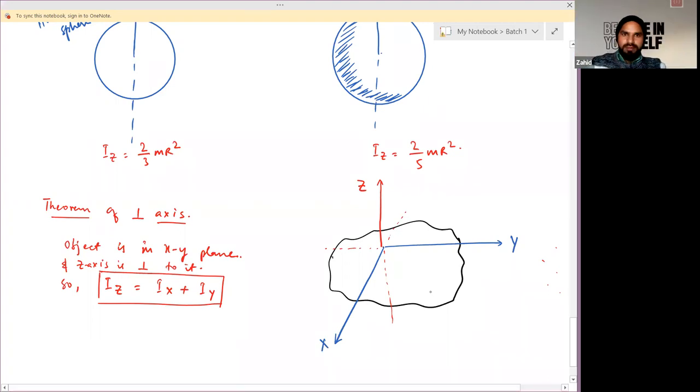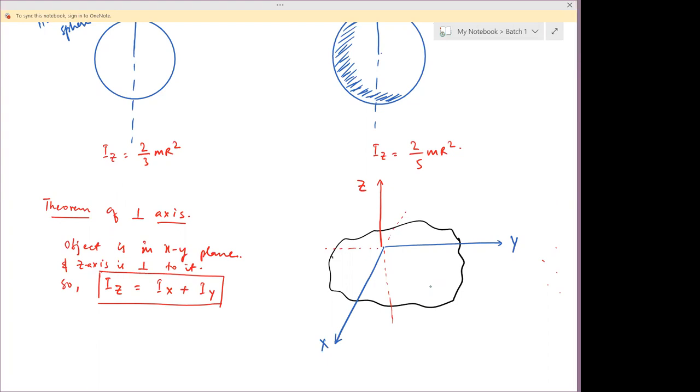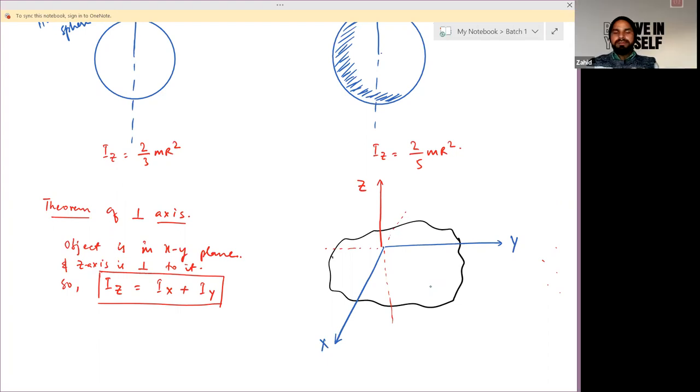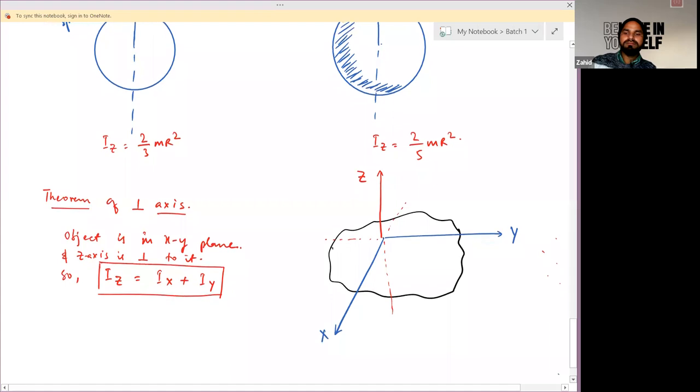I'm defining using an example. You have written? Yes, sir. Khalid, any doubt? No, sir.